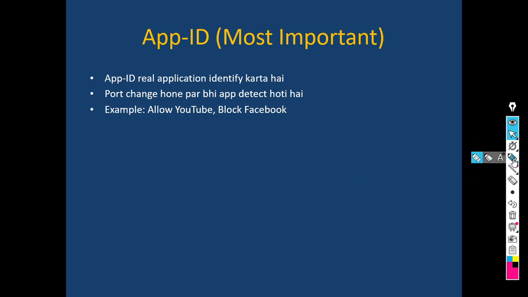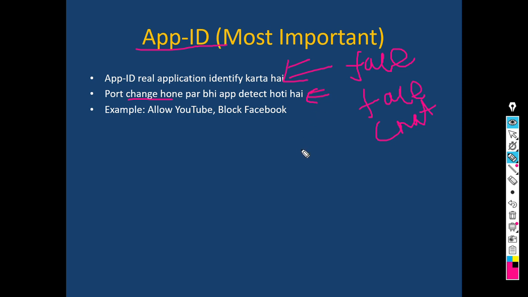App-ID is a really important feature of Palo Alto, as I said, application identification. Using this, we can allow the Facebook page and block the Facebook chat. That we can also do using application identification. So we have all these features with Palo Alto. If there is a port swap, in that case also Palo Alto will be able to identify the actual application.